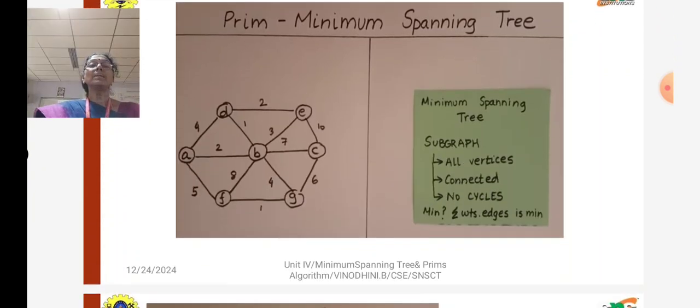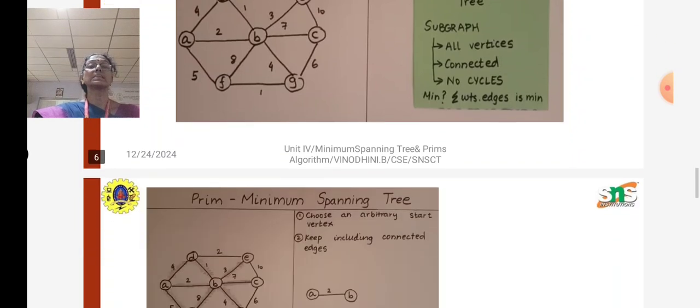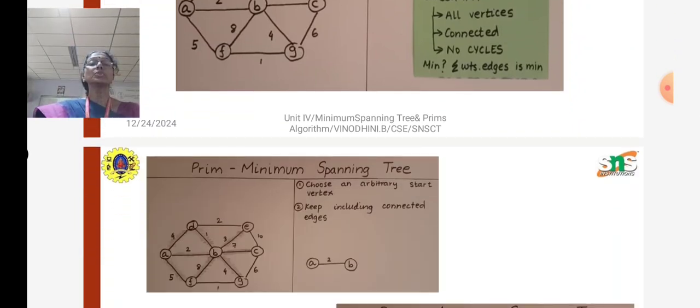For example, for the given graph, we have to find the subgraph. The subgraph should connect all the vertices, should be connected, and should not form any cycles. First choose any one vertex at random. For example, choose A. From A, find the adjacent vertices of A. Among the adjacent vertices, the one with the minimum edge weight is the one we go to.